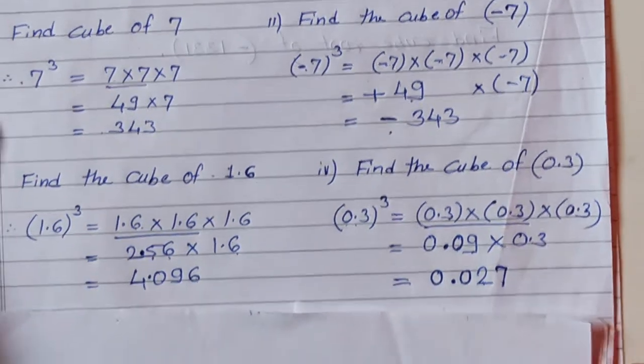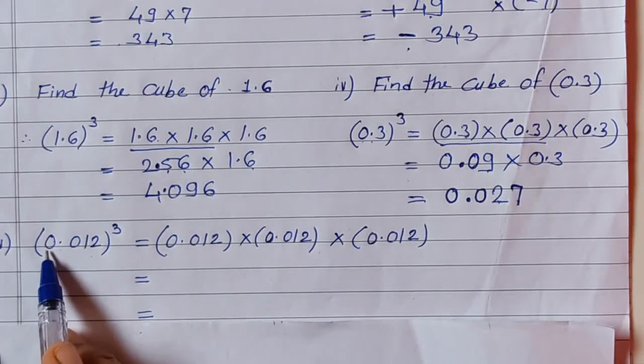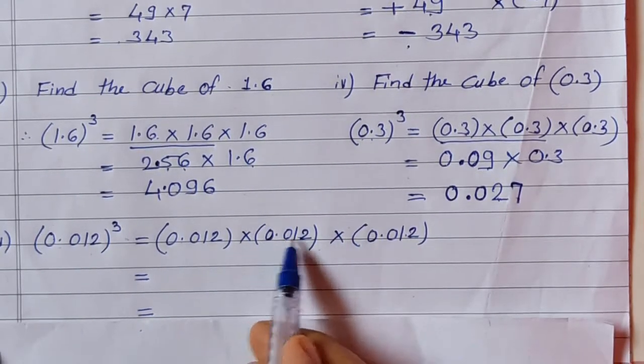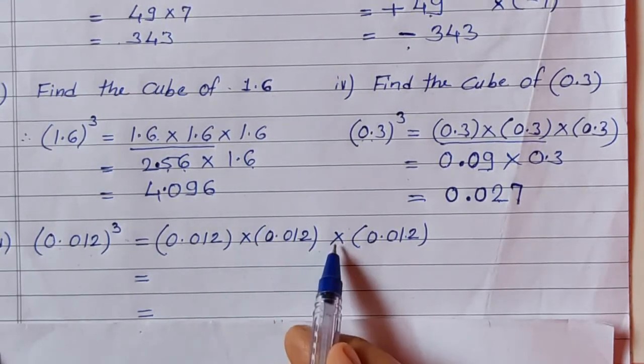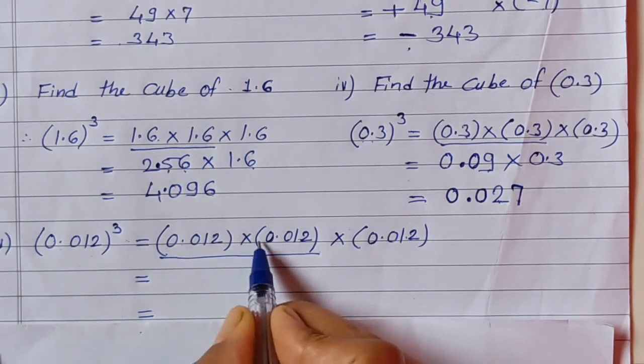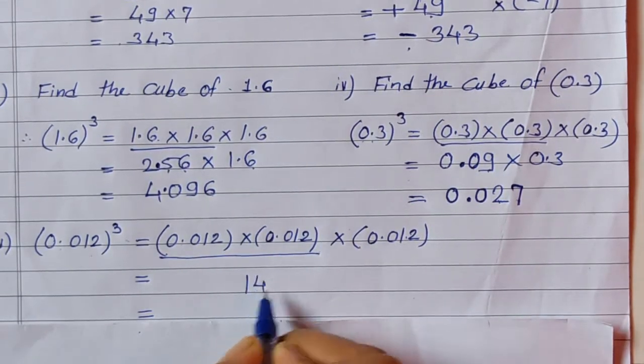Now see the next example. Cube of 0.012, and this is the multiplication. Here we write this number 3 times and multiply it. So let us first find this multiplication. You know the square of 12 is equal to 144.